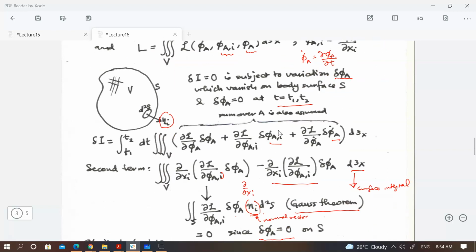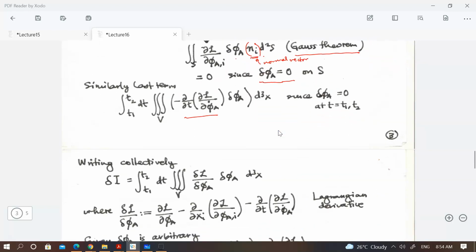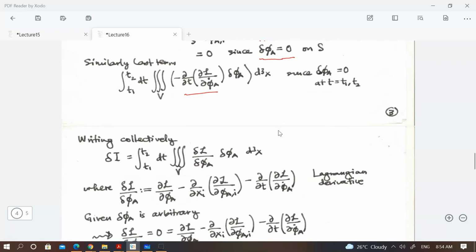Roughly speaking, what we have in this particular case is that everything will multiply your field variations, and this field variation is, again, as I mentioned earlier, arbitrary. So what is the one that multiplies this field variation?